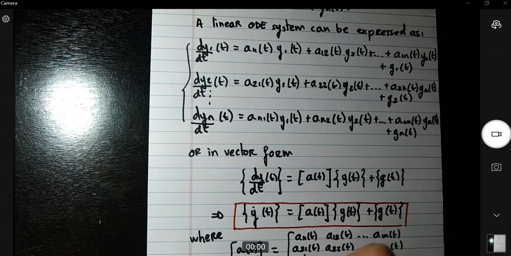Then we can go down to An1 of t, An2 of t, up to Ann of t. So this would be the matrix of the coefficients.